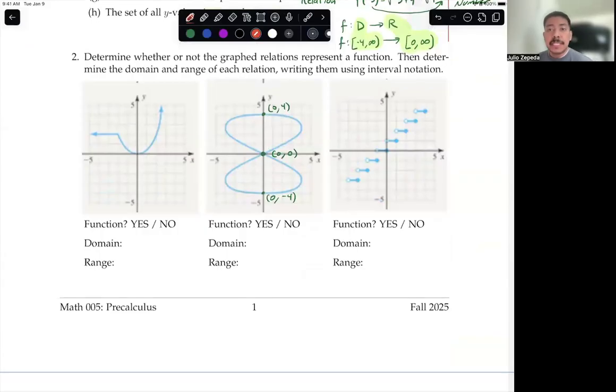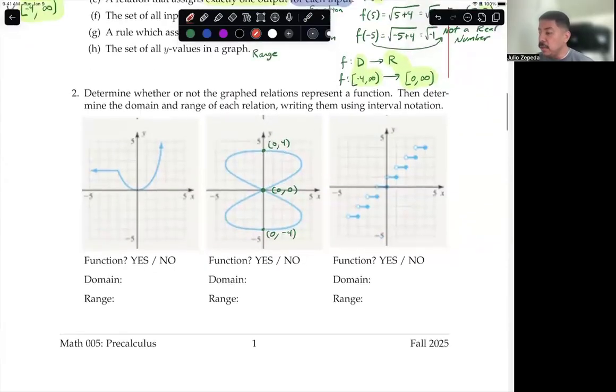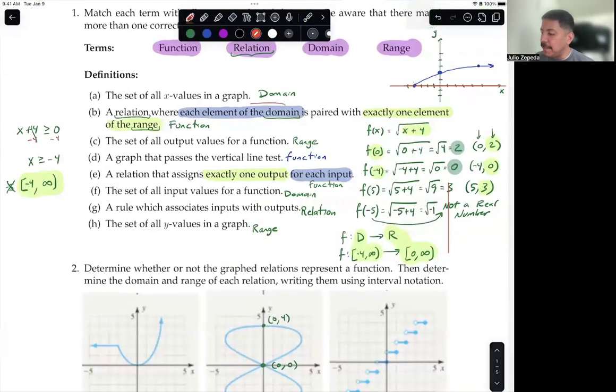So, problem number 2 says, determine whether or not the graphed relations represent a function. Then determine the domain and range of each relation, writing them using interval notation. To determine whether something is a function or not, we can use the definition of a function and see if each element of the domain, or each input, is paired with exactly one output.